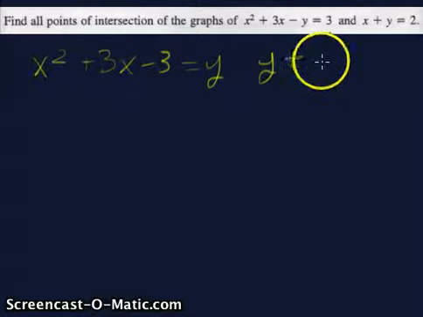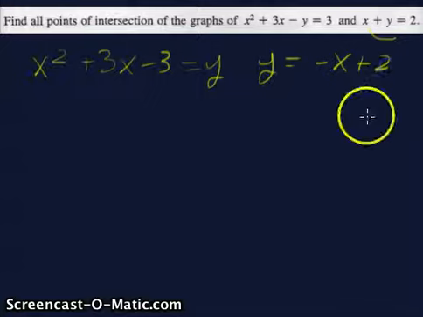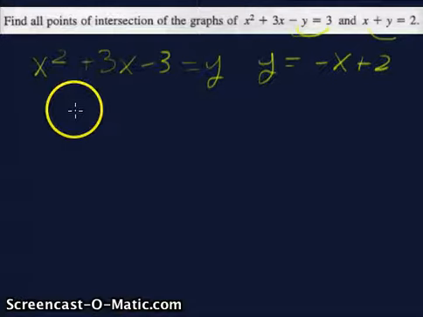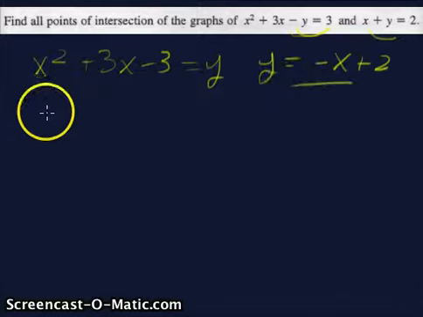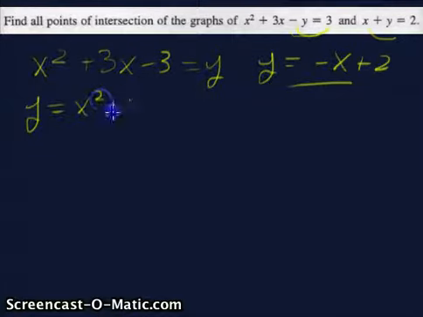If I solve this and move this x to the other side, y is equal to negative x plus 2. Again, in the first equation, I moved that y to the right and moved that 3 to the left. The question really is, could I graph this line and this quadratic? That's really what the question is.